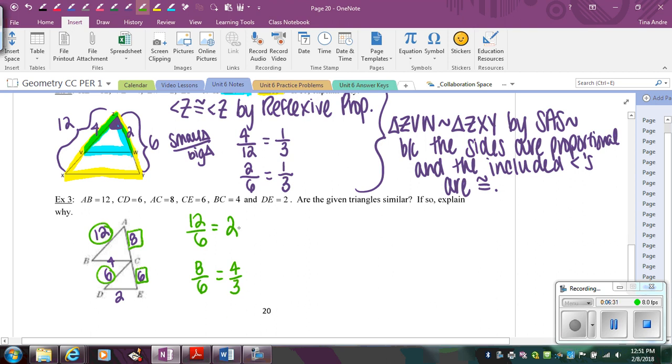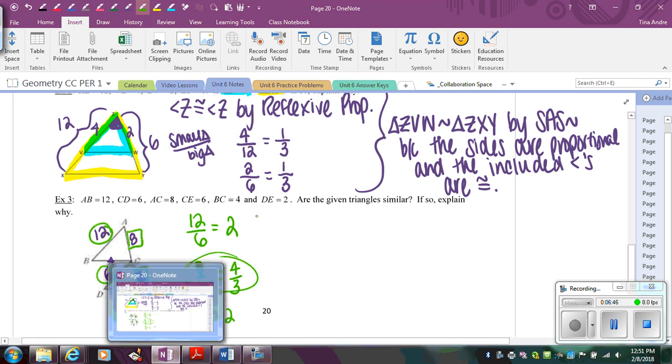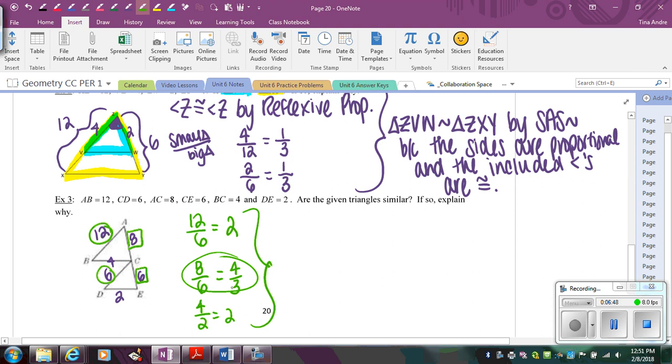Right away I can see that these sides are not in the same ratio. Even though the last side, 4 to 2, is in the same ratio as the first set I compared, not all three sides are in the same ratio, which means that these triangles are not similar.